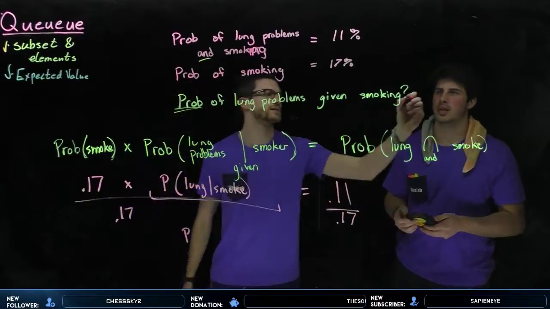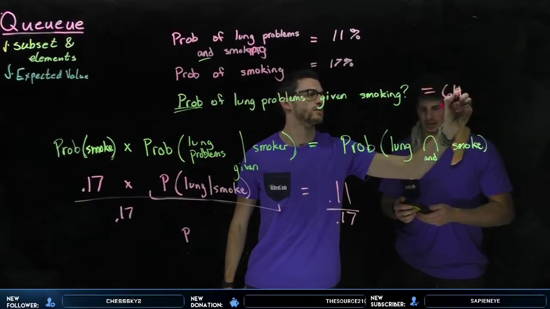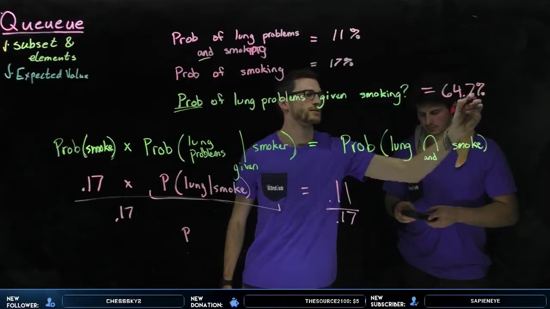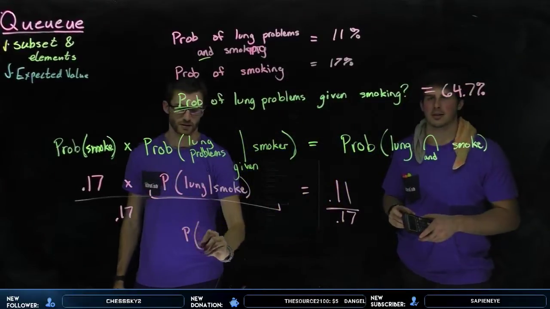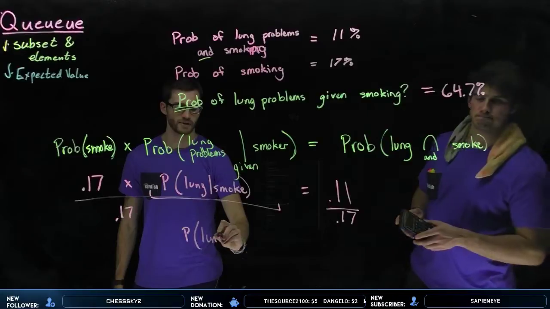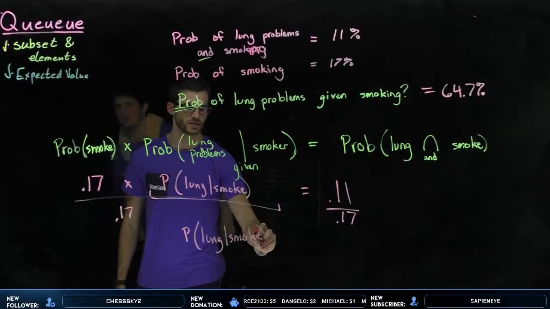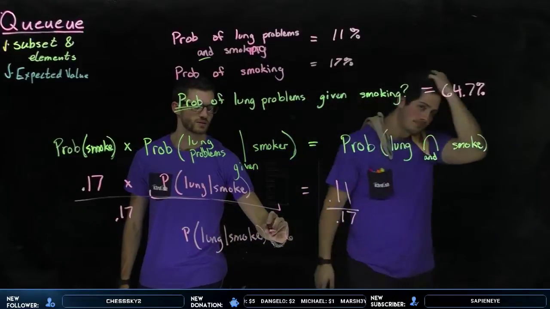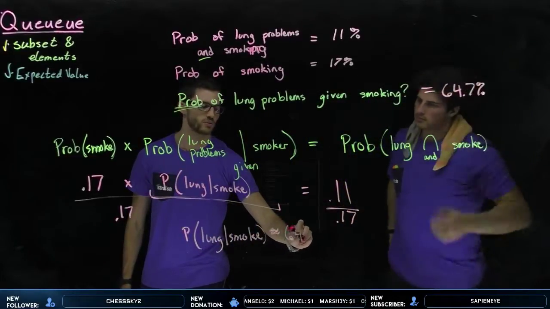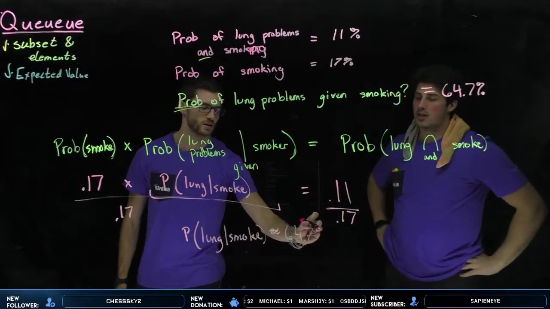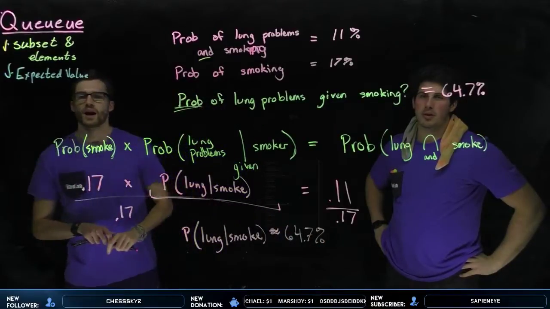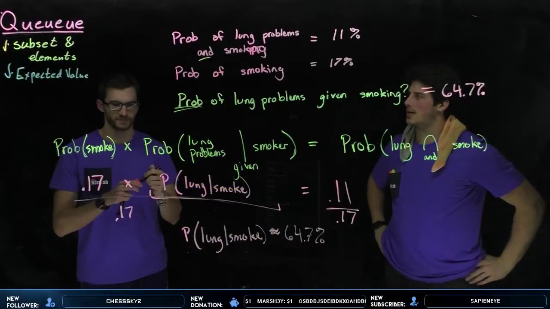So this is 64.7%. So the probability of having lung problems, given that you are a smoker, is about 64.7%, which is probably fairly accurate, but a large number. Who knows? CDC could tell you.